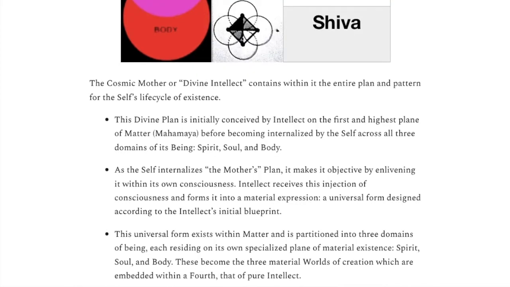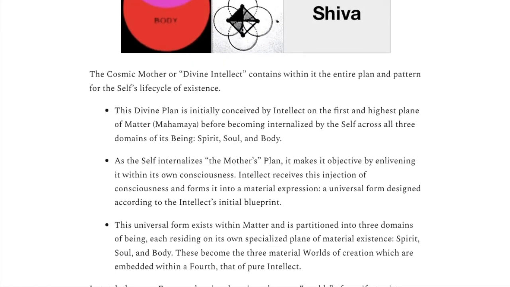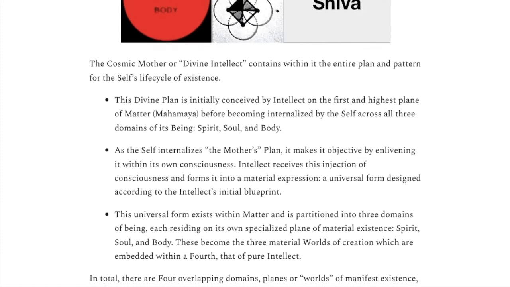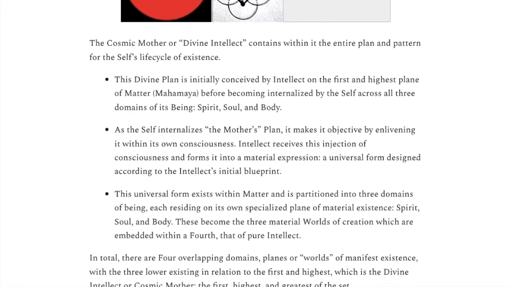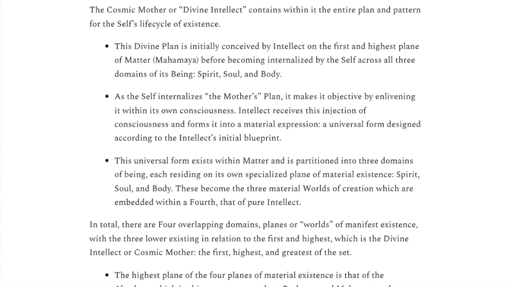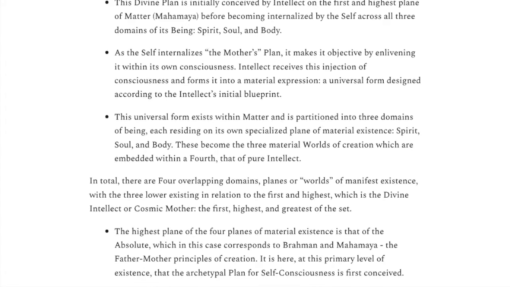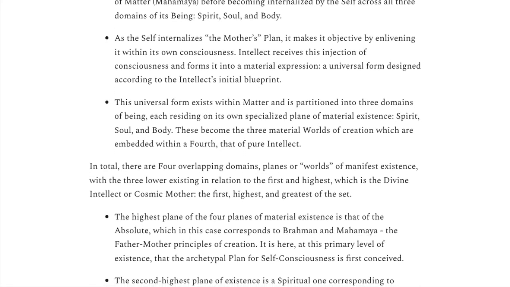So as the self internalizes the mother's plan, or the plan of the intellect, it makes it objective by enlivening it with its own consciousness. So the plan exists in the mother, and then the self enlivens this plan with its own being. The intellect receives this injection of consciousness and forms it into a material expression. And this material expression is a universal form, designed according to the intellect's initial blueprint.